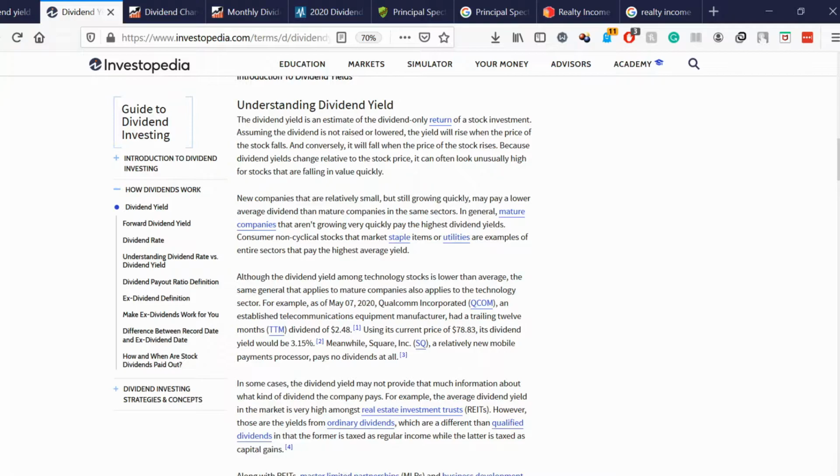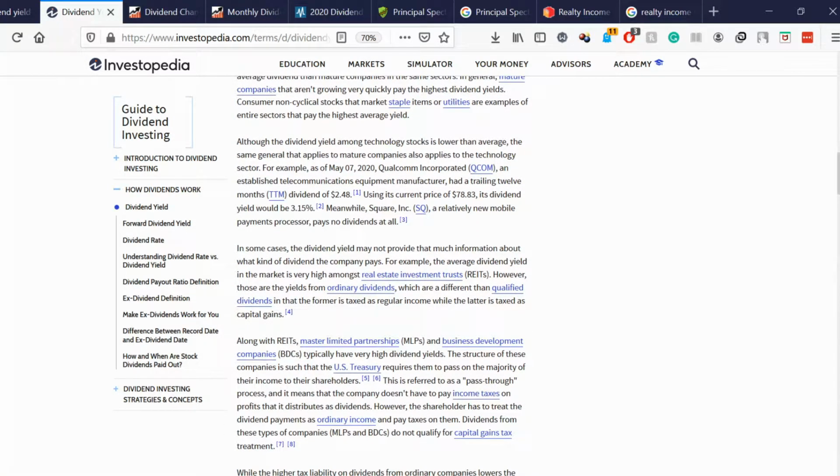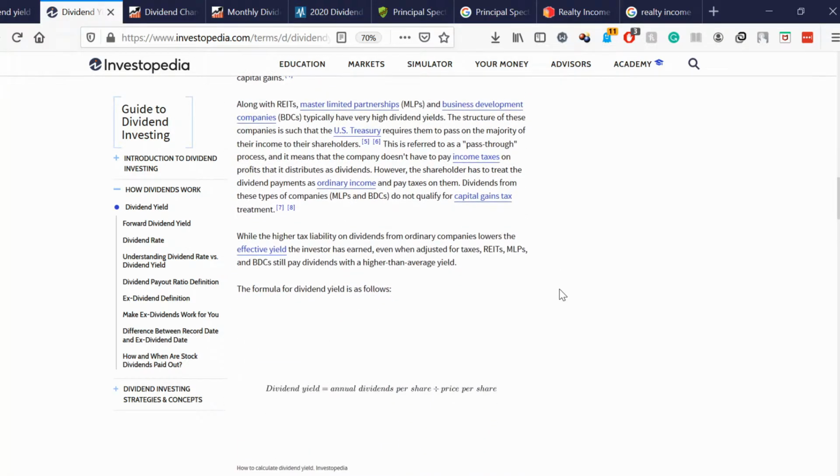Consumer non-cyclical, that's market staple items, or utilities are examples of entire sectors that pay the highest average yield. Right, so usually companies that are more established are going to be more reliable in their dividend yield than companies who are just starting out and need finances to build the business and do all that good stuff. That's usually just how it goes.